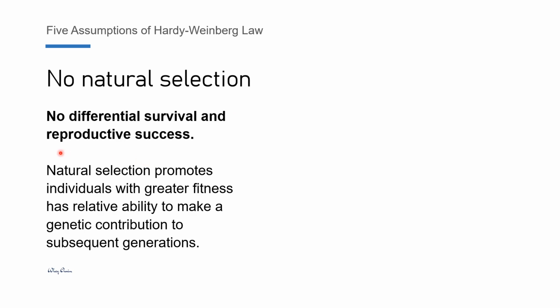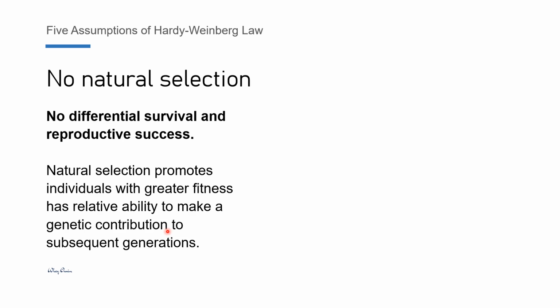Natural selection is actually an evolutionary process that promotes individuals with greater fitness to survive, so they have the chance to become mature and can reproduce sexually to produce fertile offspring that carry the genes. In short, this is a process that selects for the favored phenotype.